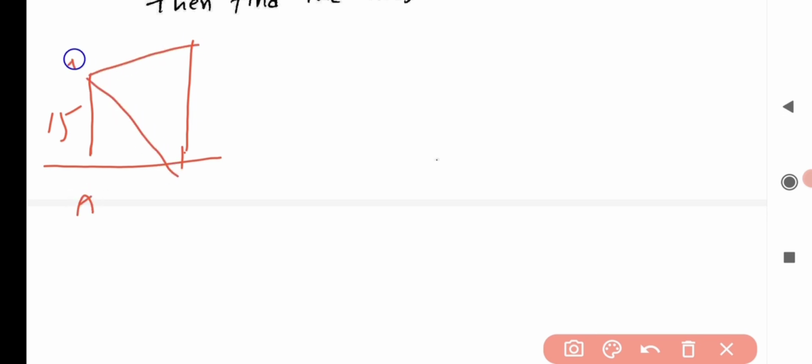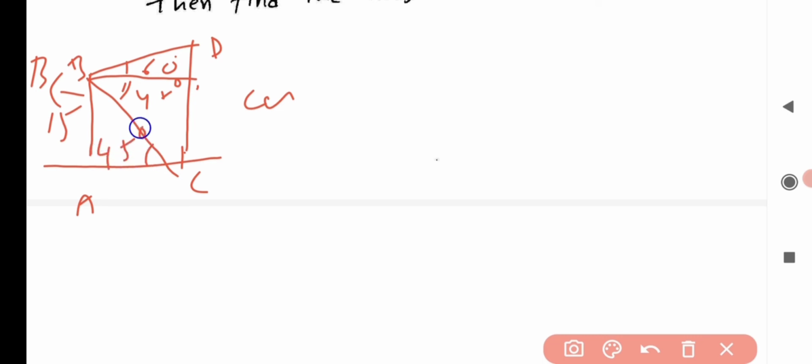A, B, C, D. This is the cell tower, this one the building. The angle of elevation of the top is 60 degrees and the angle of depression is 45 degrees. So these two angles are alternate angles. So this one also 45 degrees.